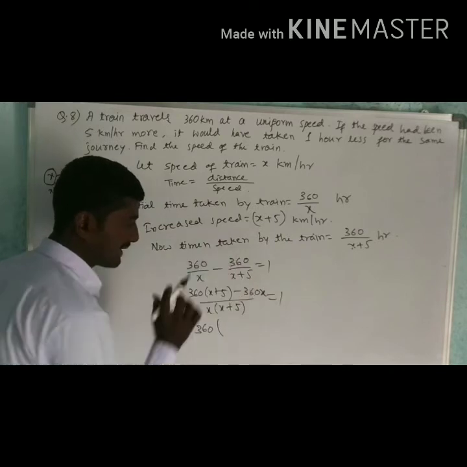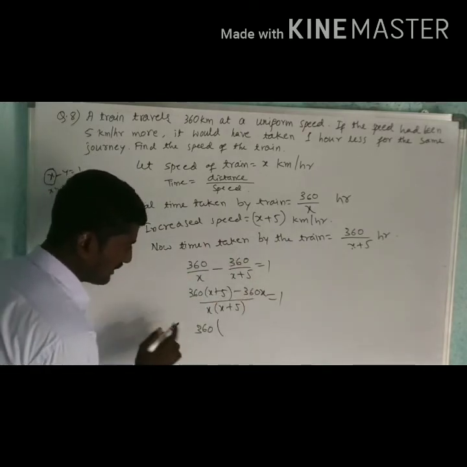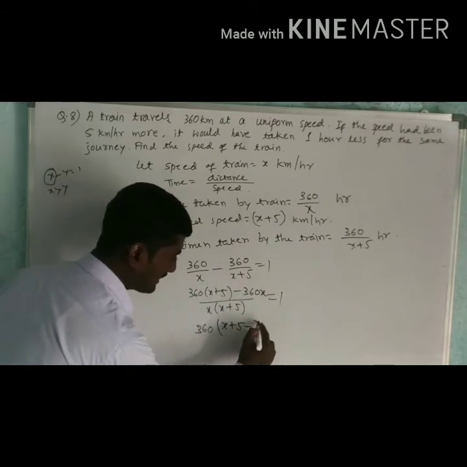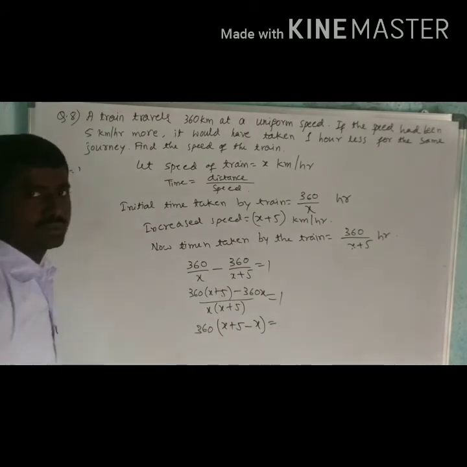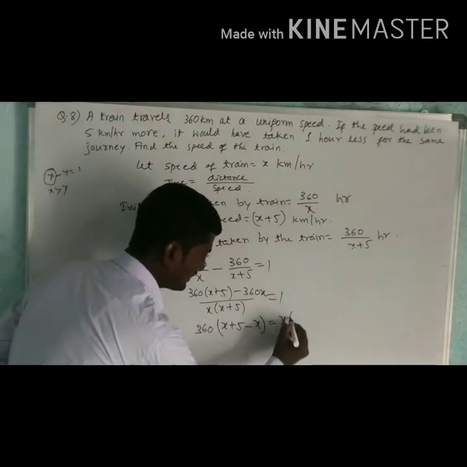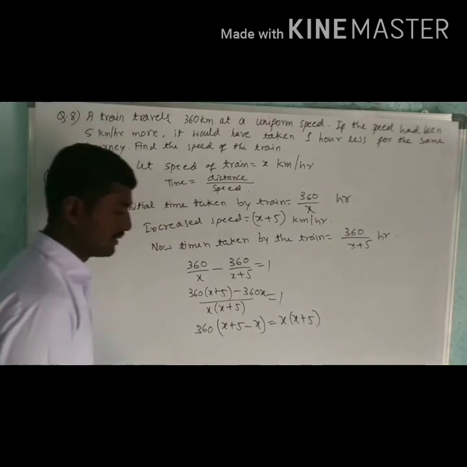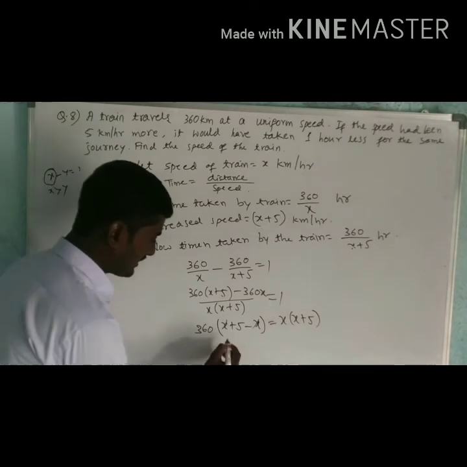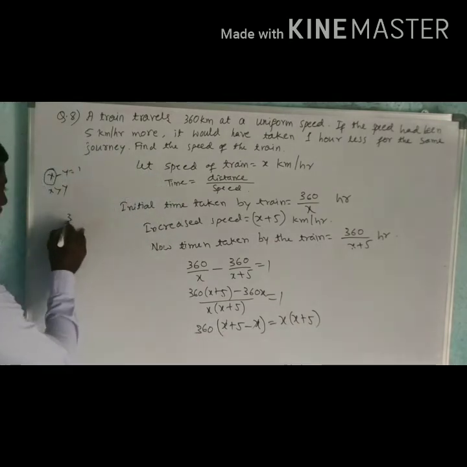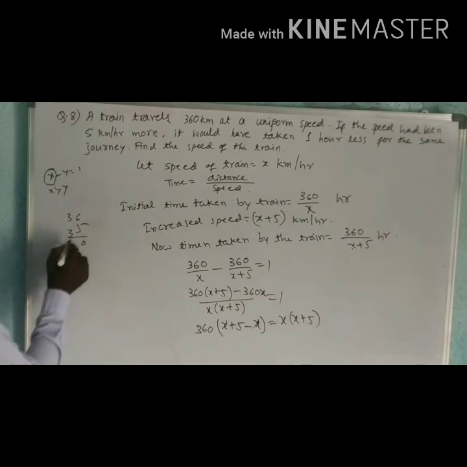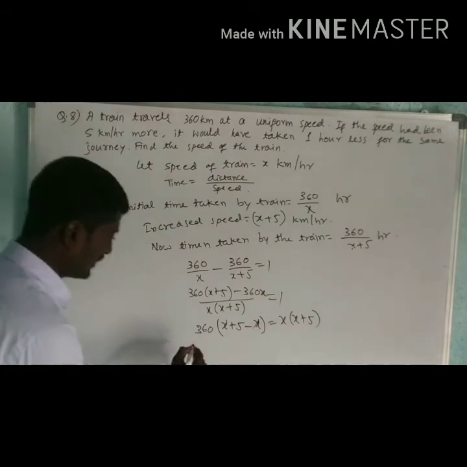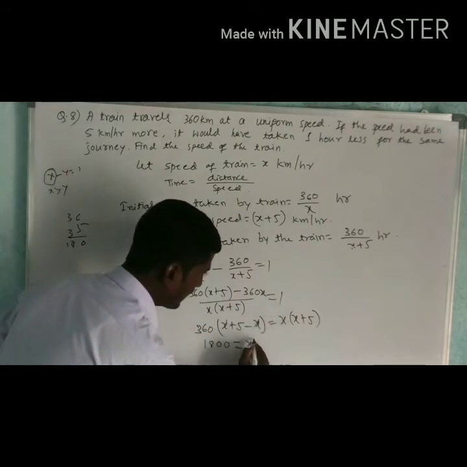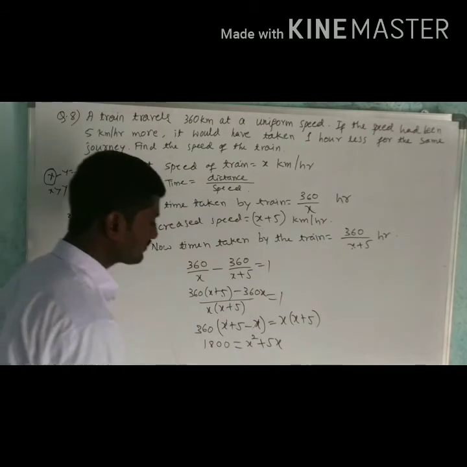So 360 taken outside, x plus 5 minus x is equal to, now this goes to the right side, that is x into x plus 5. Now x gets cancelled. Now this is 360 into 5, 1800. So 1800 is equal to, multiplying this, x square plus 5x.